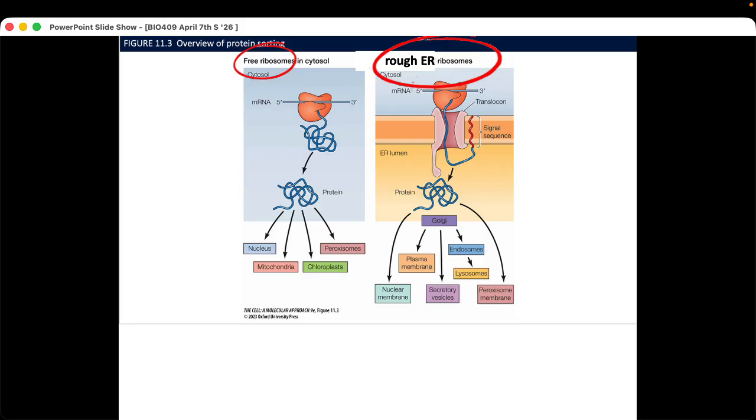And so the signal sequence is the key for it to pause until it docks, they say docks, or binds to the rough ER. So all the ribosomes on the rough ER are actually free ribosomes that are synthesizing proteins like insulin and others that had to wait and dock.